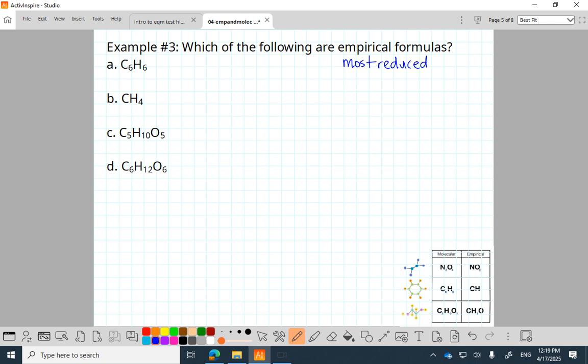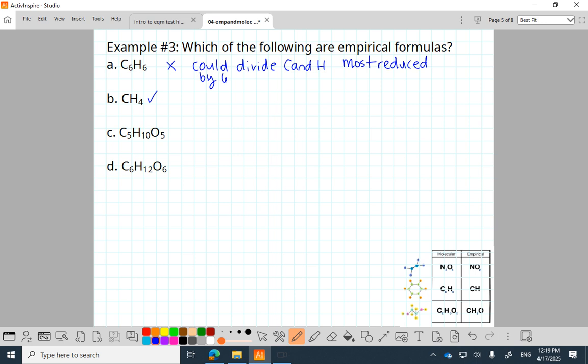No. Is CH4 reduced? It is, so it is an empirical formula.